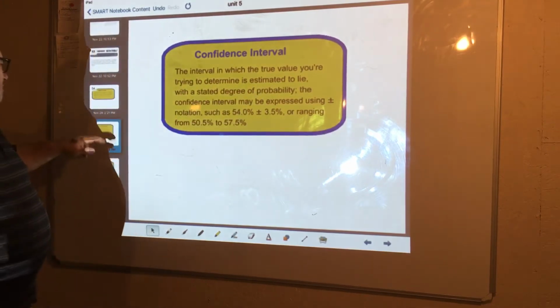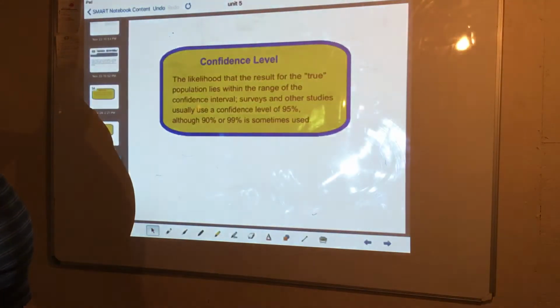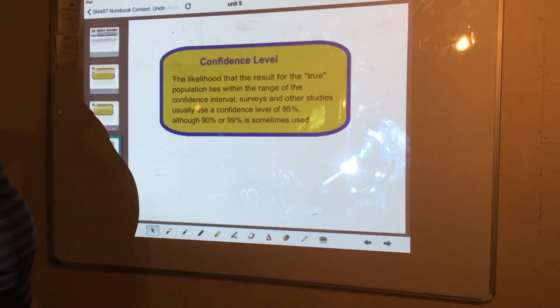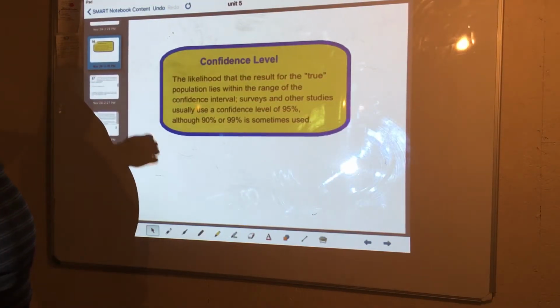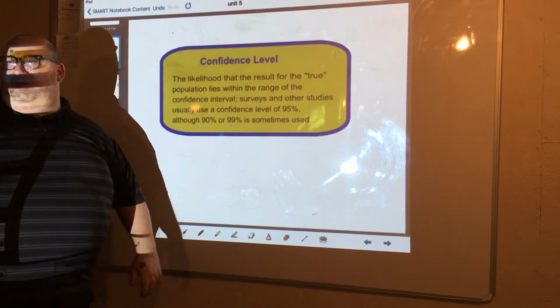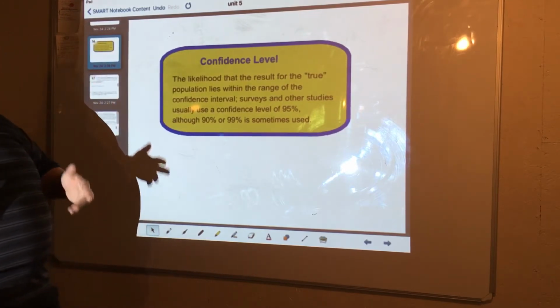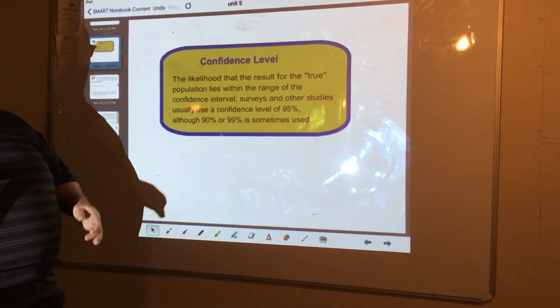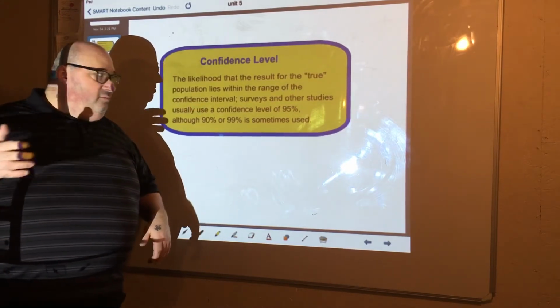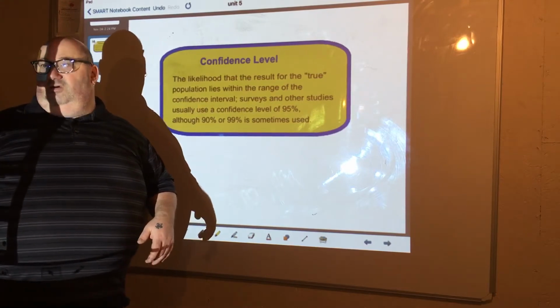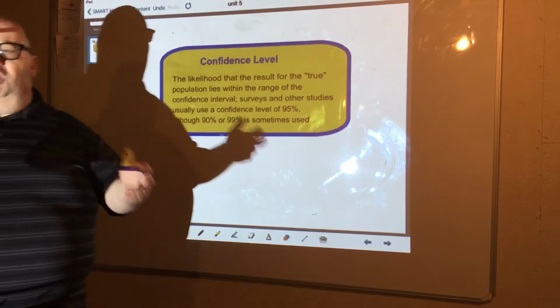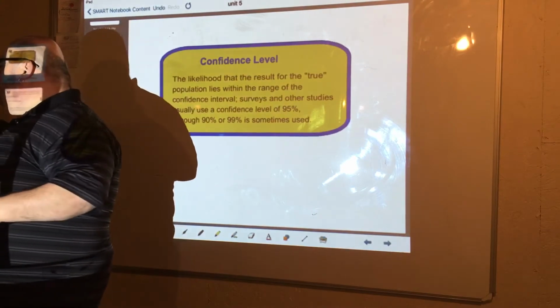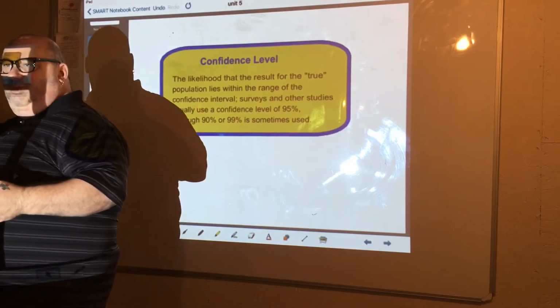Yeah? All right, let's go down to the next thing. Confidence level: the likelihood that a result for the true population lies within the range of the confidence interval. So surveys and other studies usually use a confidence level of 95%, although 90% and 99% are sometimes used. You see on TV all these commercials, right? 2 out of 3 doctors recommend.